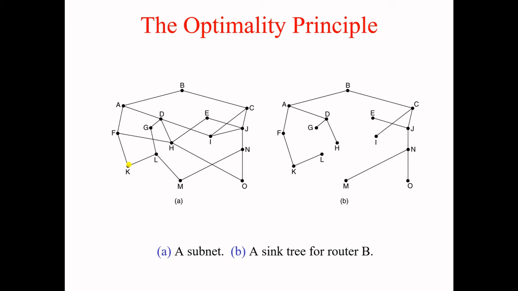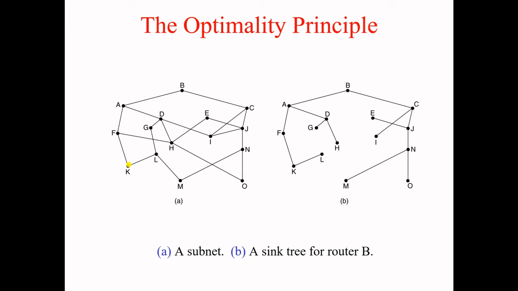As a direct consequence of the optimality principle, we can see in this diagram that the set of optimal routes from all sources to a given destination form a tree rooted at the destination. If the destination is K, there can be so many sources from where we have to reach K. Such a tree is called a sink tree.